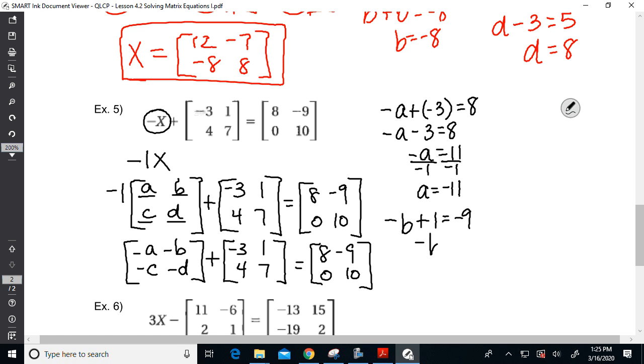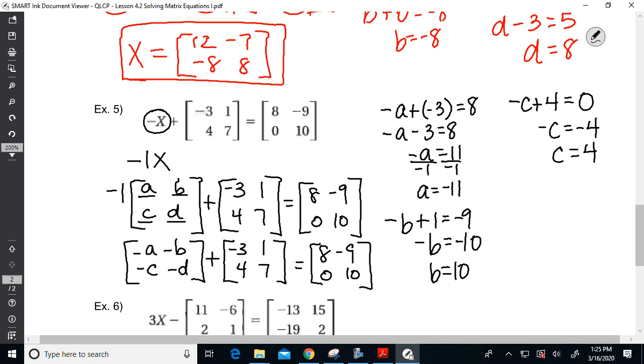Subtract 1, that gives you negative b equals negative 10. So b equals positive 10. On to the next one. Negative c plus 4 equals 0. Subtract 4, you get negative c equals negative 4. So c equals positive 4.